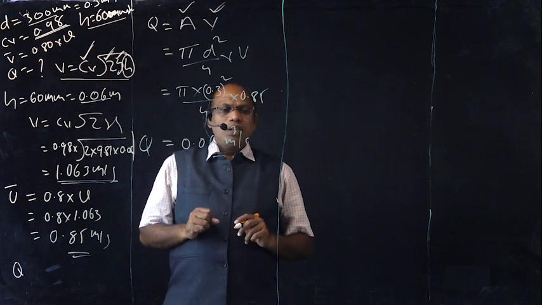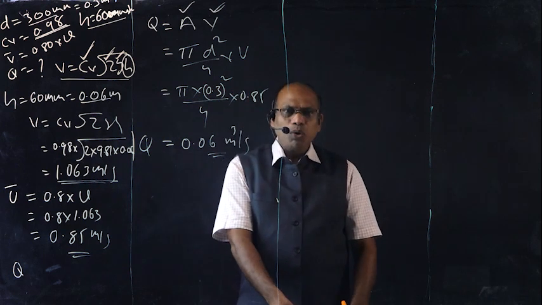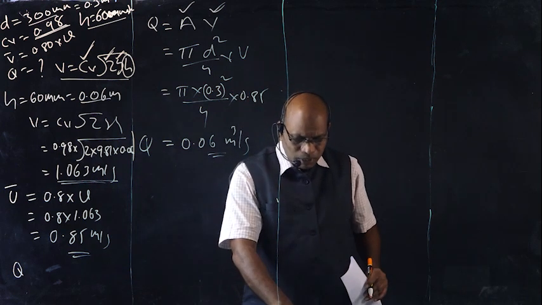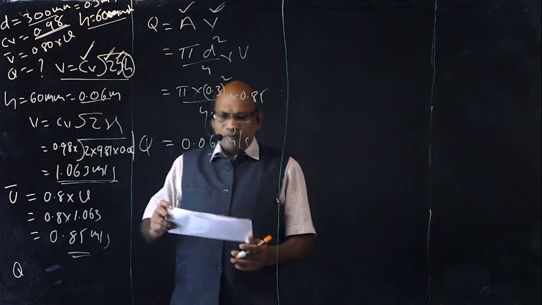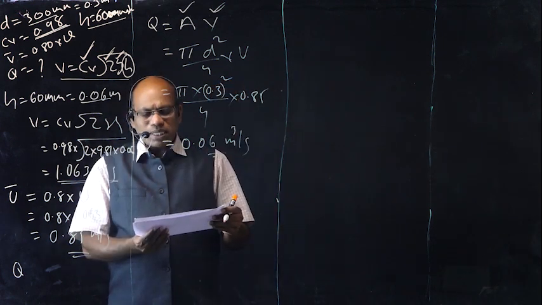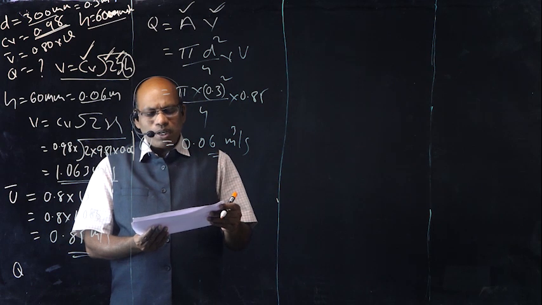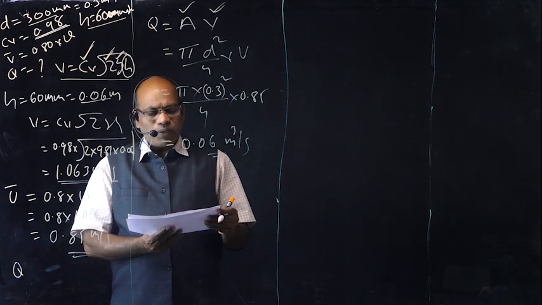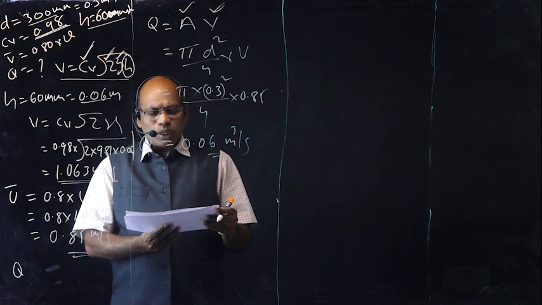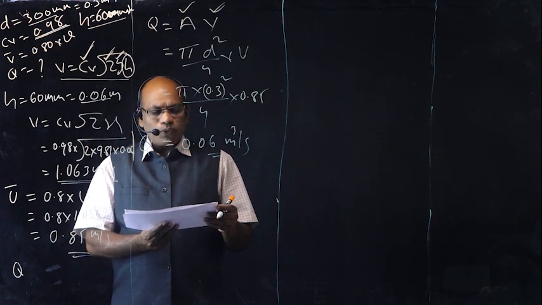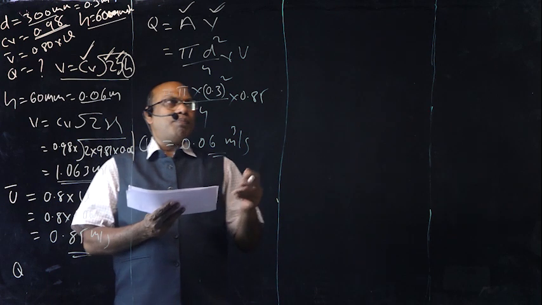Right. Now we are going to solve one more problem related to the pitot tube. Please note down the problem. Find the velocity of flow of an oil through a pipe when the difference of mercury level in the differential U-tube manometer connected to the two tappings of the pitot tube is 100 mm.